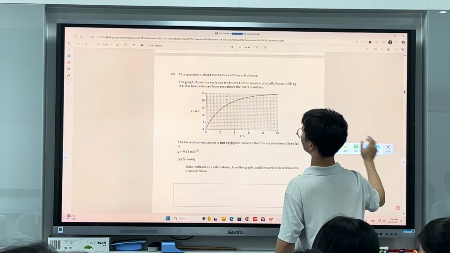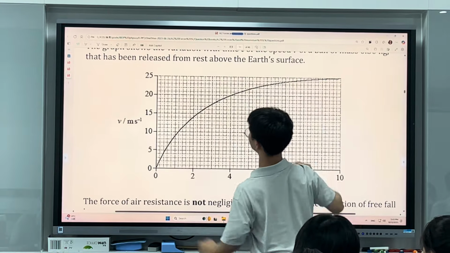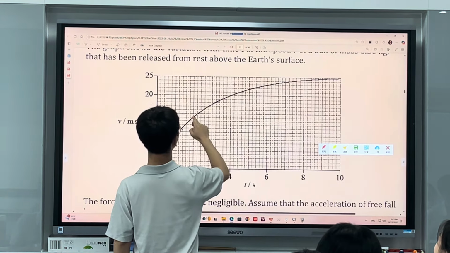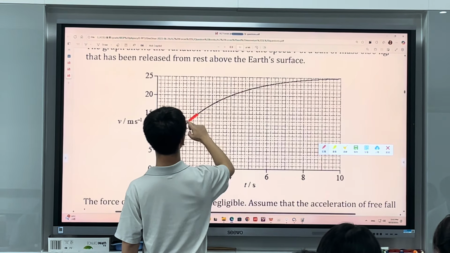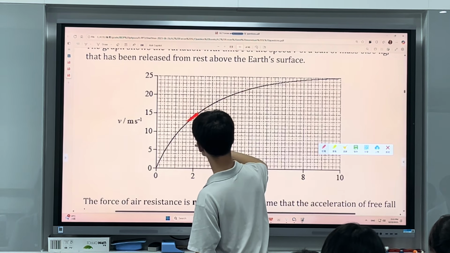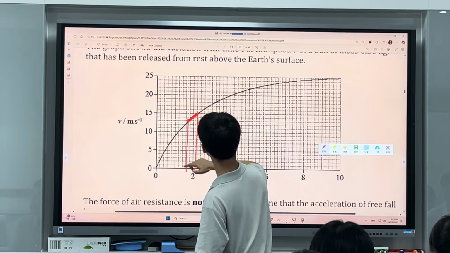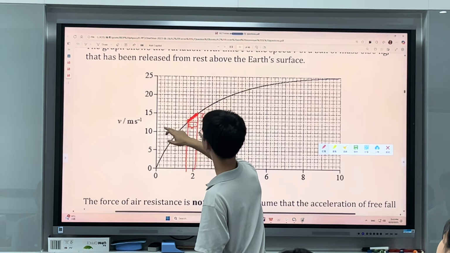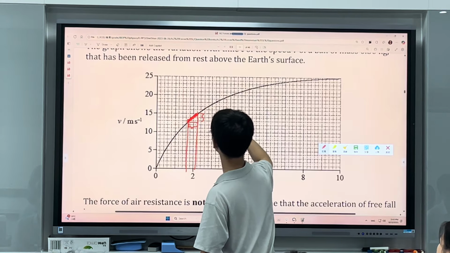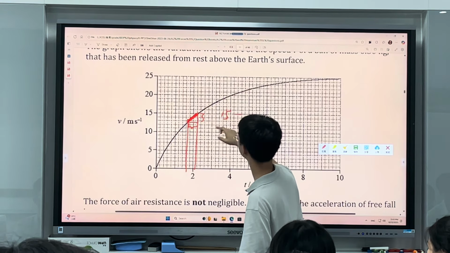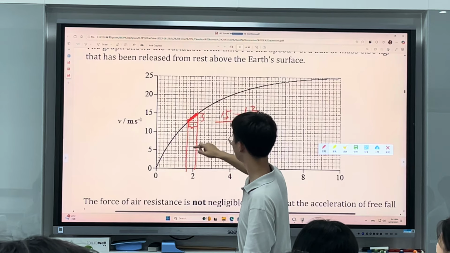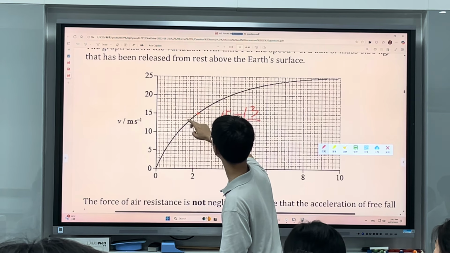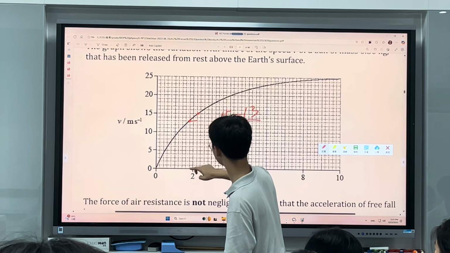我把它放大一点。So if we pick this point and we draw its tangent, it's about this much. So its gradient can be calculated from this change here divided by change here. So that's about 15 minus 13 over time is about 这里到这里 time is about this much.